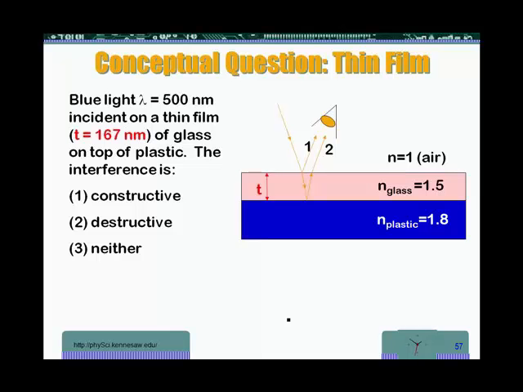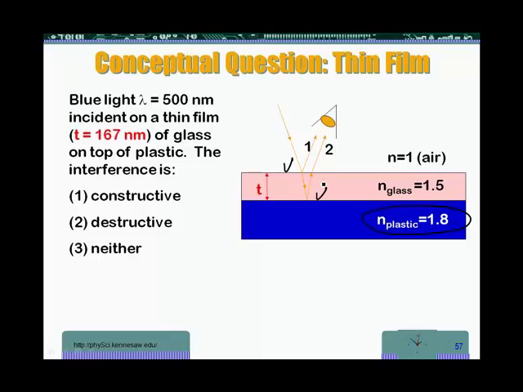Let's take another example. In this case, we are using the same thickness of glass, but we have plastic instead. Air, glass, plastic. So we go from a low n to a higher n here, which means we have a change in phase here, and we have another change in phase here.